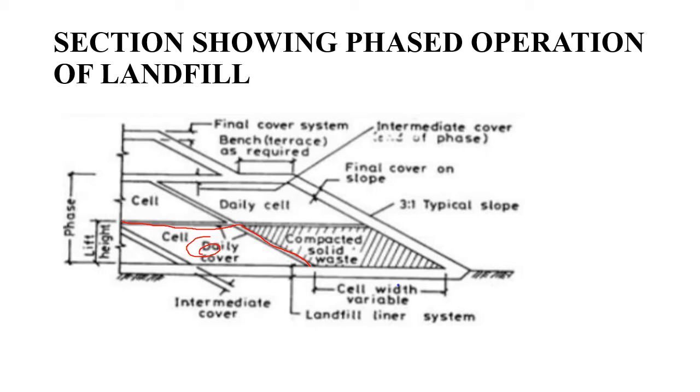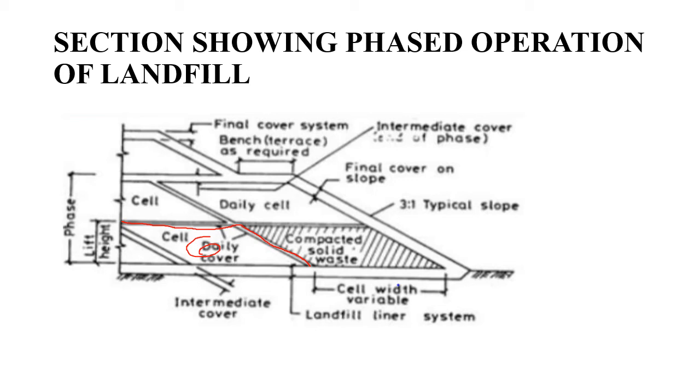So a cell comprises the volume of waste material which you have received during the operating period. If the operating period is one day, then it is the volume of waste received for that day plus the daily cover you have provided for it. So the cell is that volume of waste material plus the daily cover.